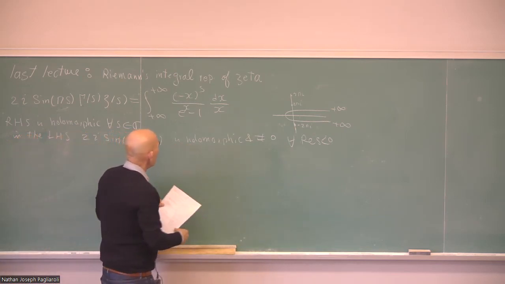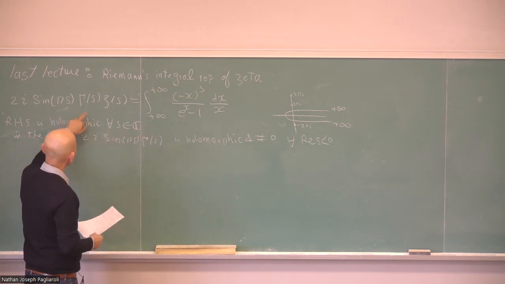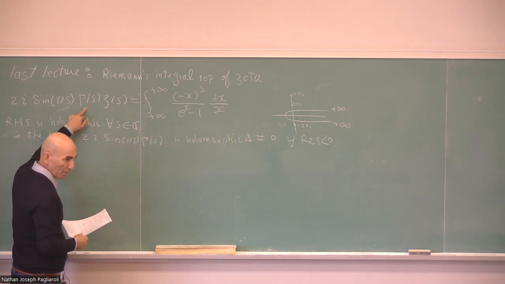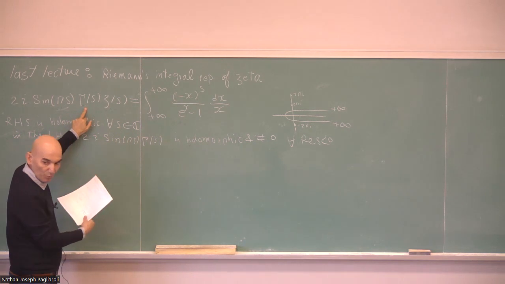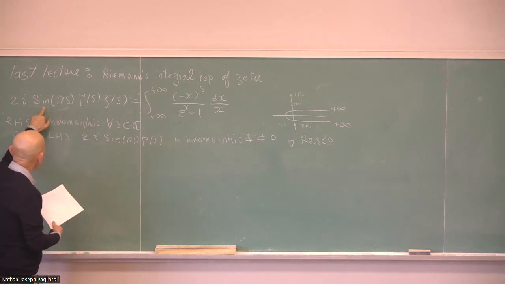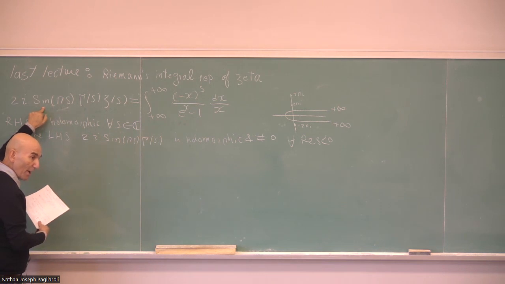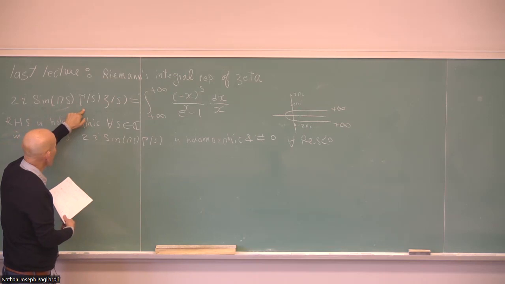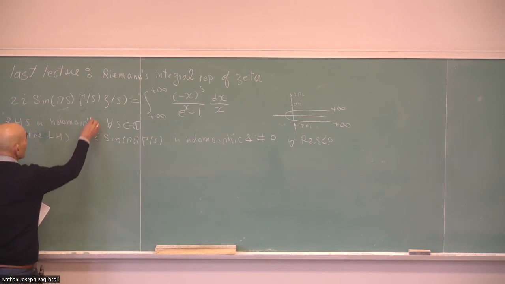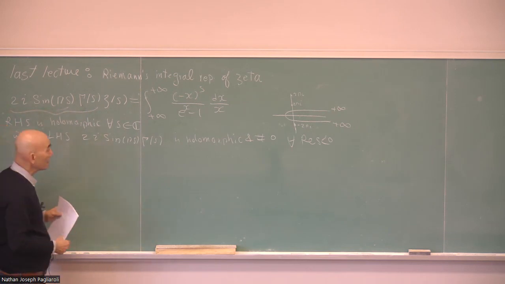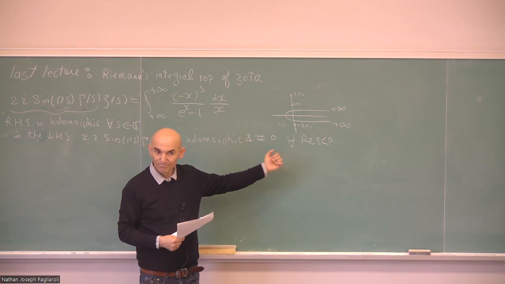Look at where the poles of gamma are for real part of s negative: they are at negative integers. At those negative integers, sine of pi s has zeros of order 1, so they cancel each other. Gamma is never 0, and sine of pi s is never 0 except at those known zeros. So this factor is holomorphic and different from 0 for real part of s less than 0.